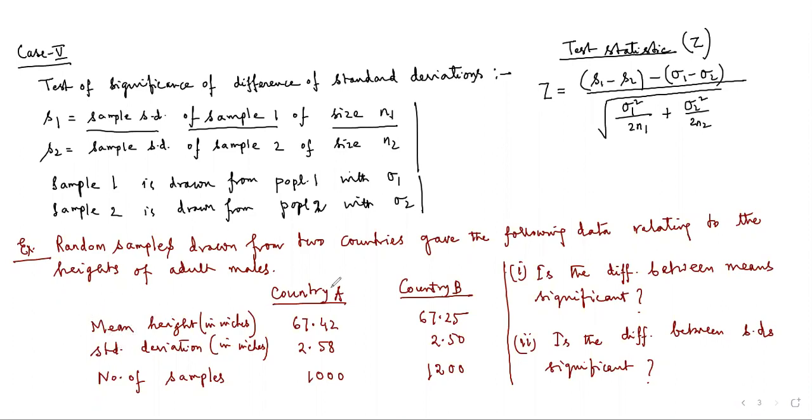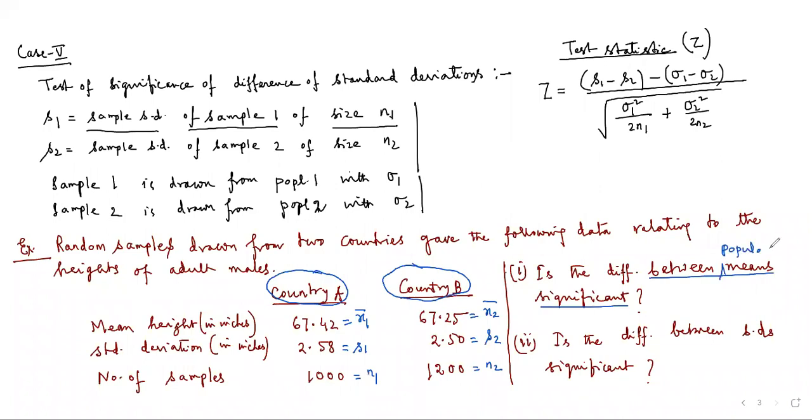First of all, just look at this. These are the two samples of the countries. The mean heights, that means x1 bar and x2 bar, are given to you. The standard deviation is the sample standard deviation. s1 and s2 are given to you. These are the sample sizes. Now the first question is, is the difference between the means significant? What is not mentioned over here is the word population.